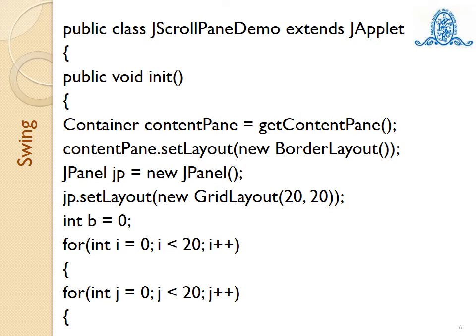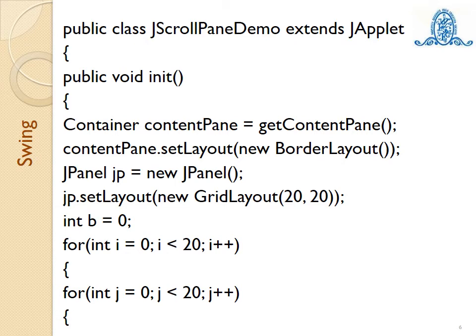So on that content pane the components will be added. Now here the border layout is set using the setLayout function. We can use it as contentPane.setLayout(new BorderLayout()). So border layout is set for the content pane.